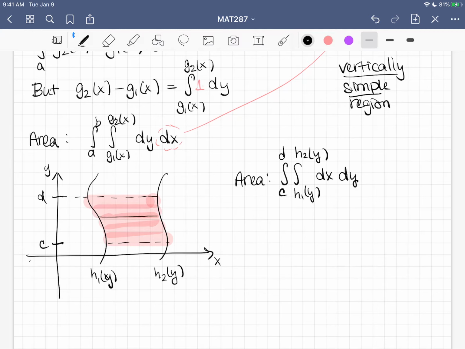And so here I want to think of horizontal slices where this is delta y. This is called a horizontally simple region.